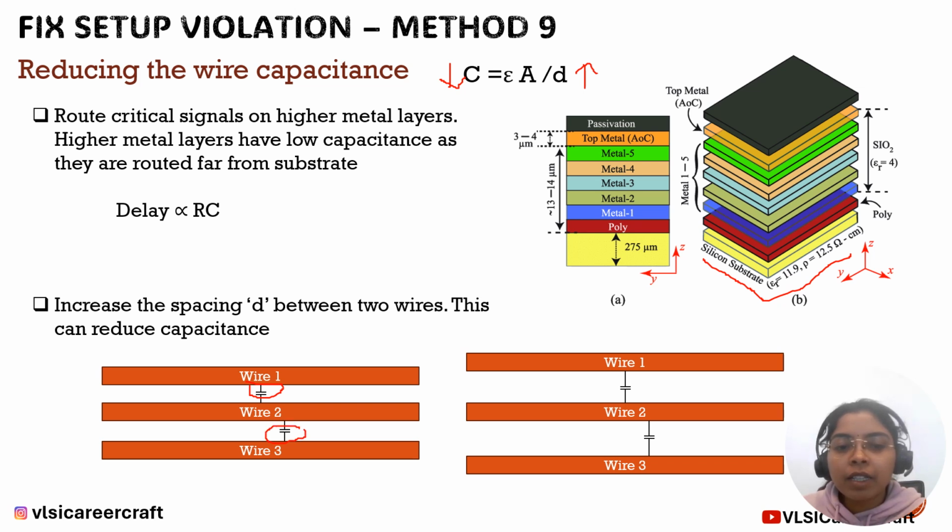So these capacitances also contribute to this delay. So how do I reduce it? I try to move these wires farther apart, and that reduces this delay. In this way, I can reduce the overall delay and help satisfy the setup timing check equation.